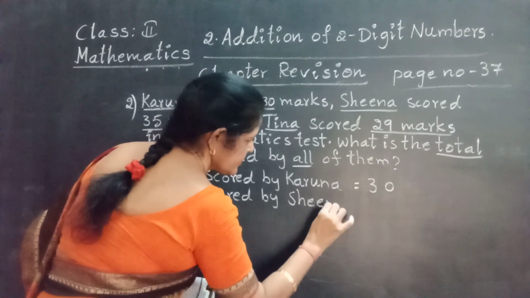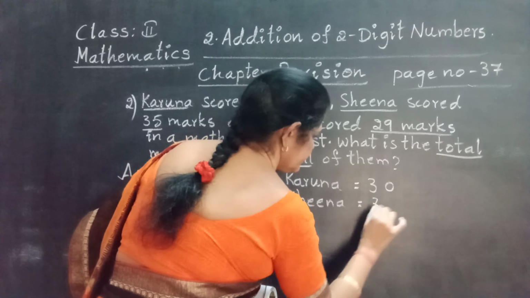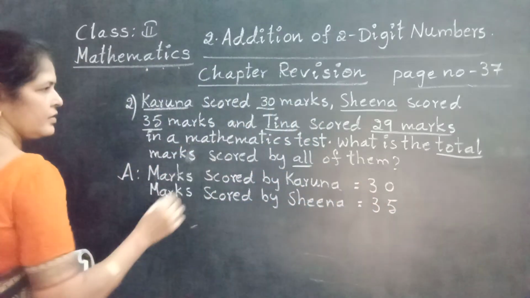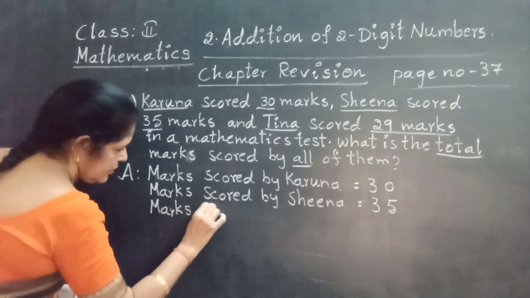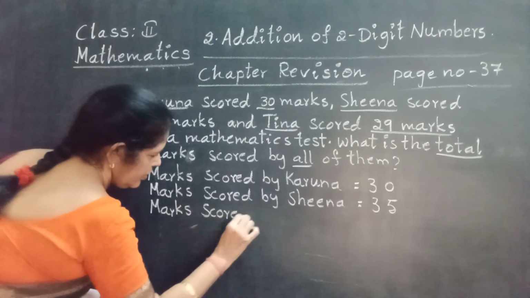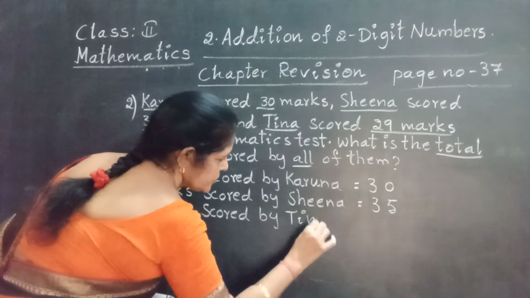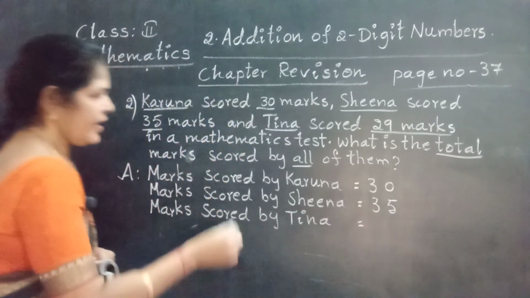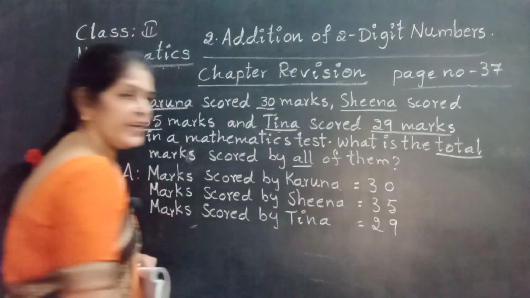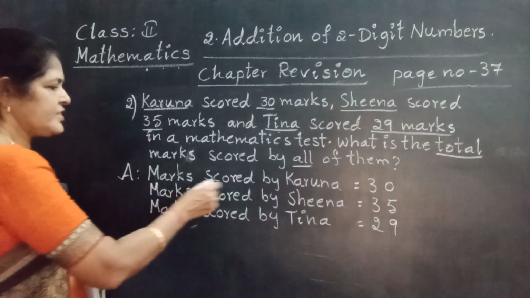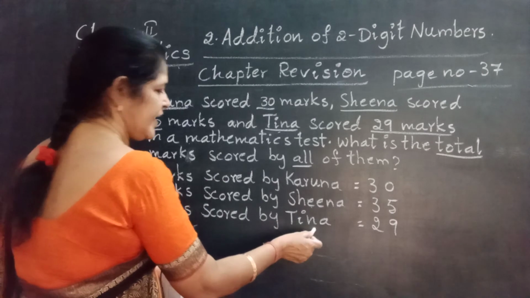How many marks did Sheena get? 35. Next, Tina. Marks scored by Tina. Karuna, Sheena, Tina. How many marks did Tina get? 29. Two-digit, three lines. First one goes to Karuna's marks, Sheena's, Tina's.